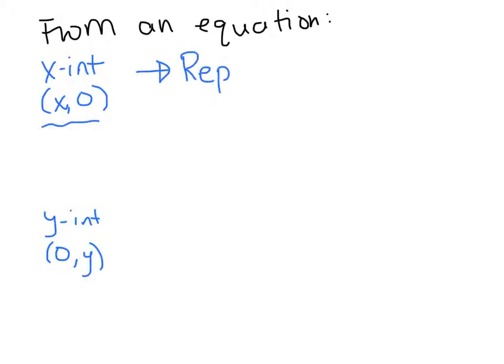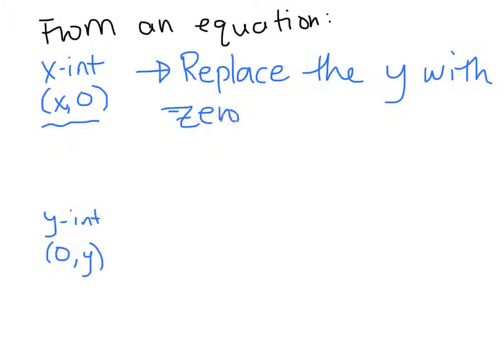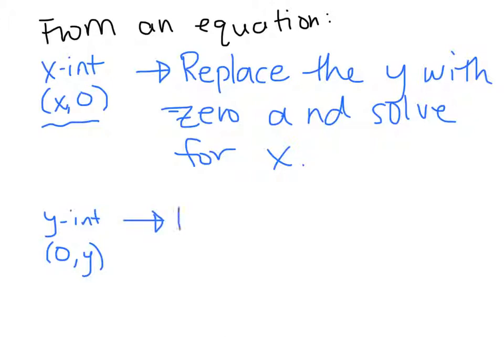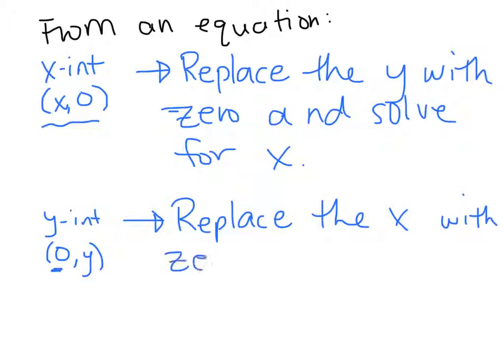To find the x-intercept, I'm going to replace the y with 0 and solve for x. And I bet you can guess what we do to find the y-intercept out of an equation. We replace the x with 0 and solve for y.